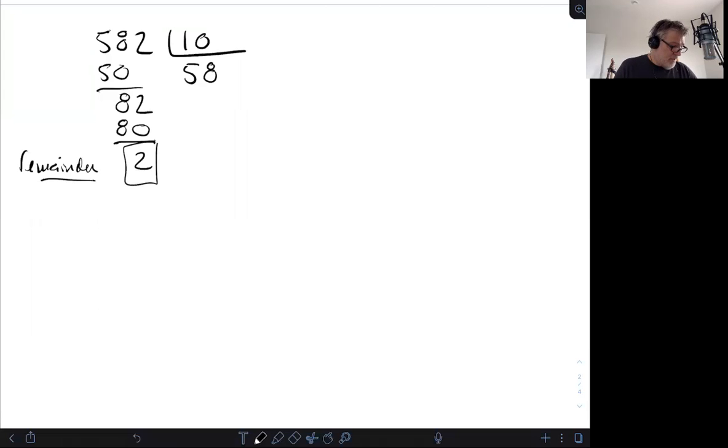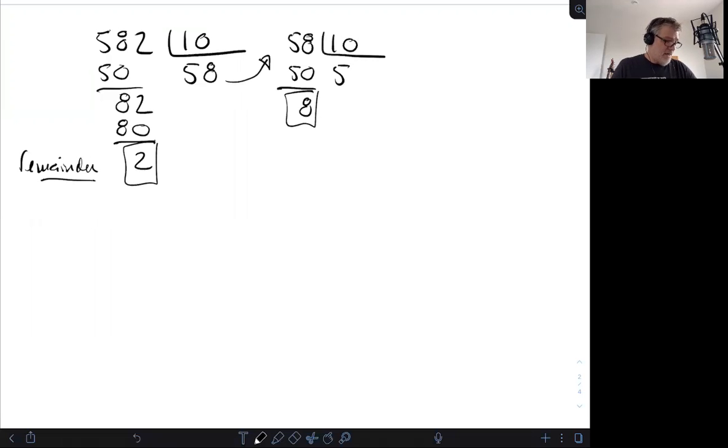Then I'm going to repeat the procedure with 58. So 58 divided by 10. So it's recursive. So 5 times 10 is 50. That leaves 8. And 8 is less than 10. So this is my remainder. And then I repeat with my 5 here. 5 divided by 10.